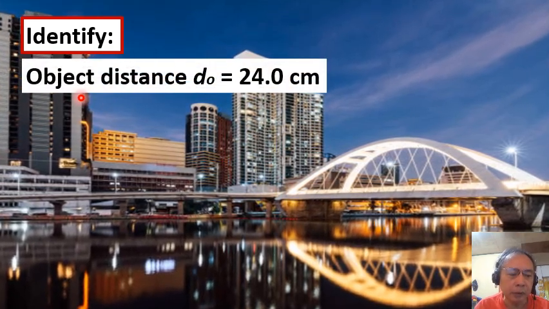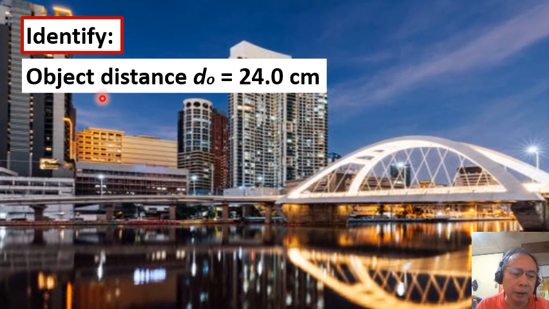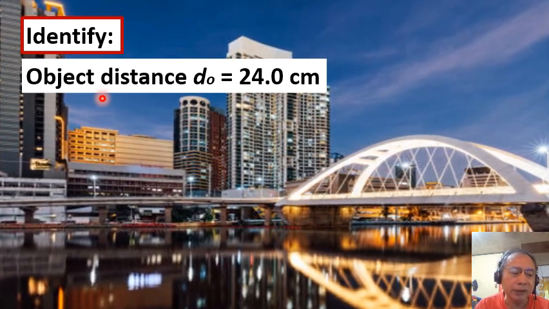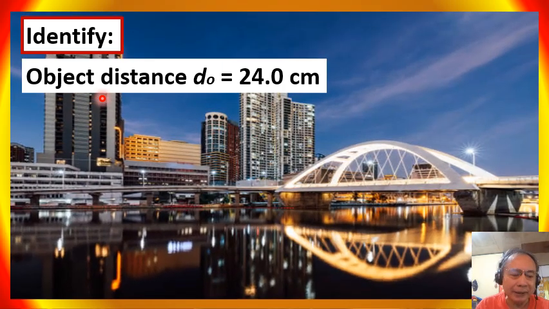In this problem, we consider the distance of the page of a book from the eye lens as the object distance DO equal to 24.0 centimeters.